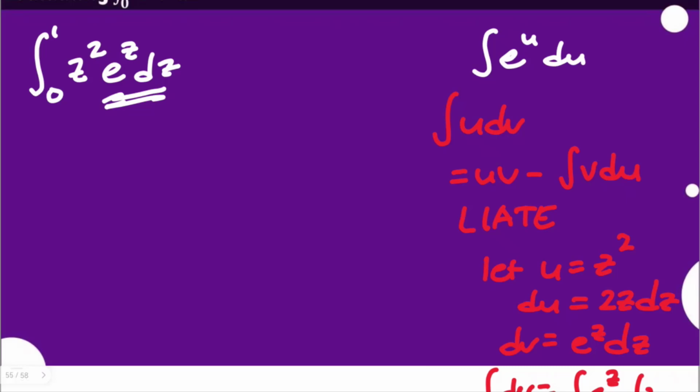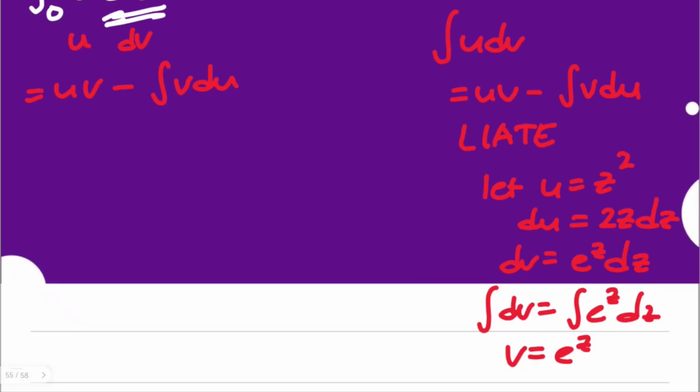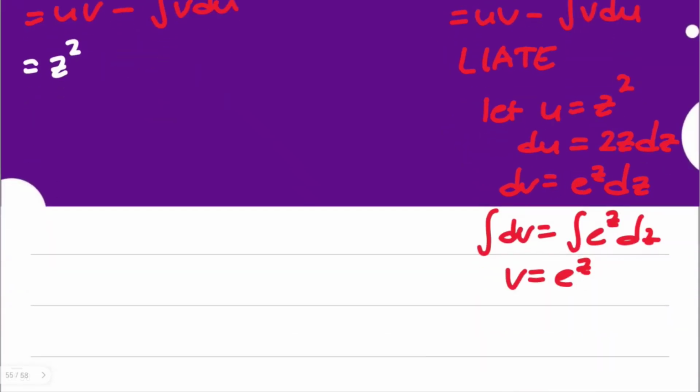So again, this is your u and this is your dv. This is equivalent to uv minus the integral of v du. Our u identified earlier is z squared, and your v is e to the z.